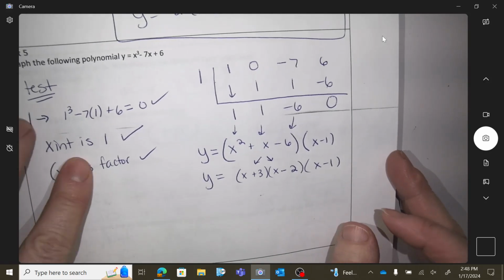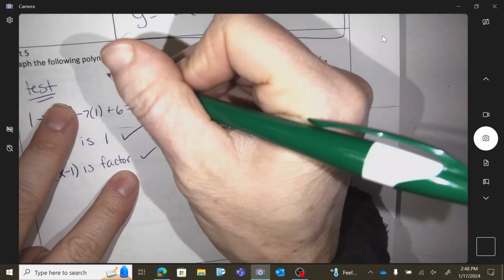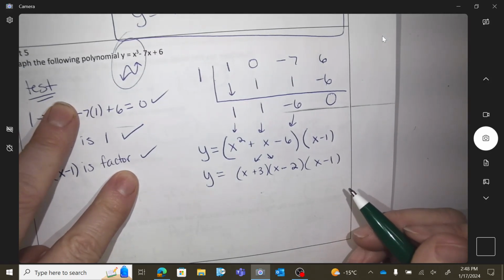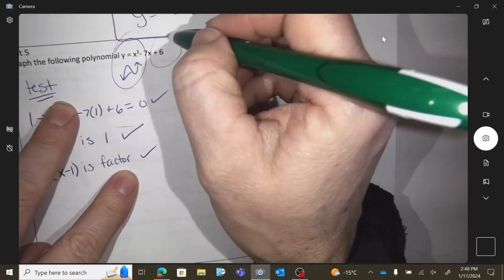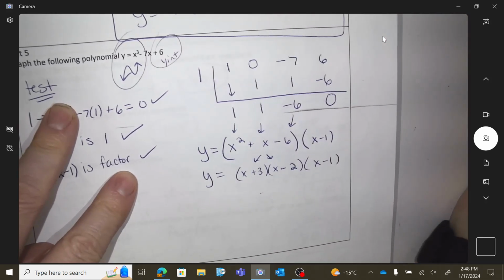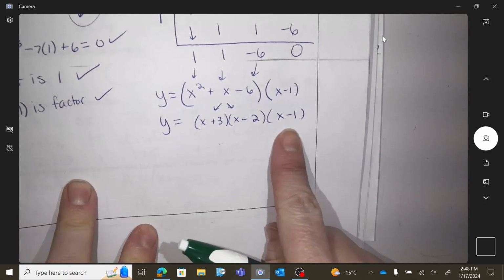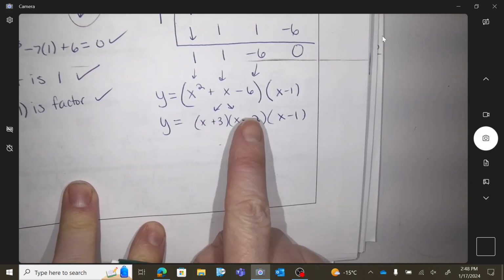What are some things we know about it? X cubed. I know the shape. I know the arrows. I know the y-intercept is 6. How else do you find y-intercepts? Plugging 0 in.